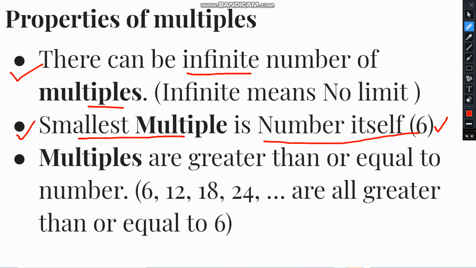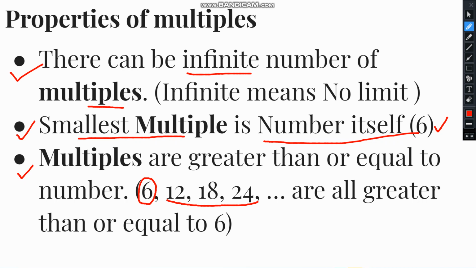100. Now coming to the third point, multiples are greater than or equal to the number. That means जो भी multiple होगा या वो number itself होगा or it will be greater than the number, not smaller. Suppose we are writing multiples of 6.